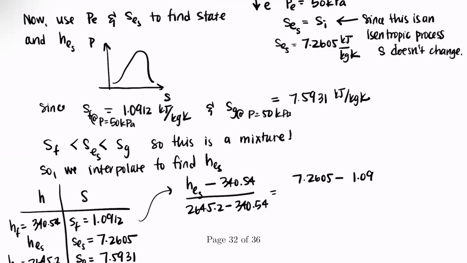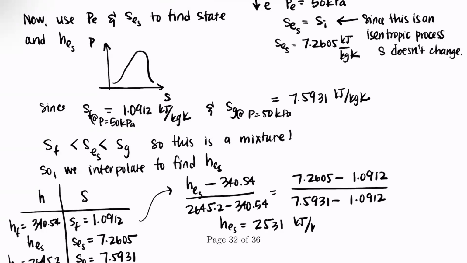And when we solve this, we get a value of 2,531 kilojoules per kilogram.